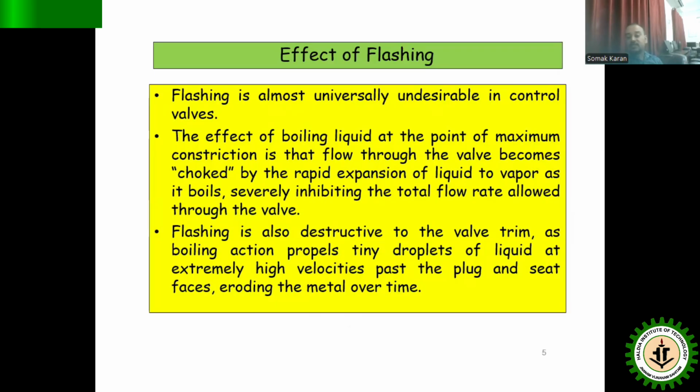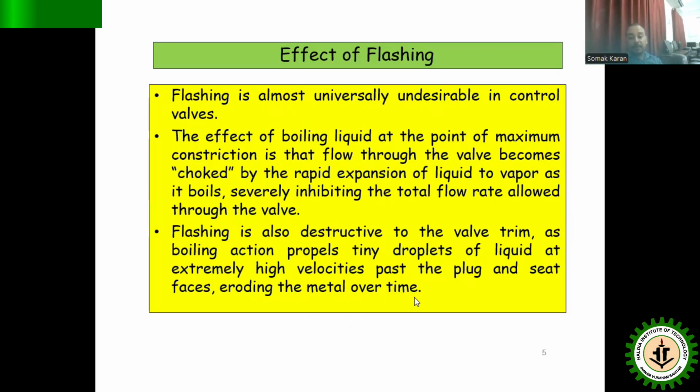Flashing is also destructive to the valve trim because a huge generation of boiling of the liquid will happen. So flashing is destructive to the valve trim, which connects the plug to the system, as the boiling action propels tiny droplets of the liquid at extremely high velocity past the plug and the seat face, eroding the metal over time.